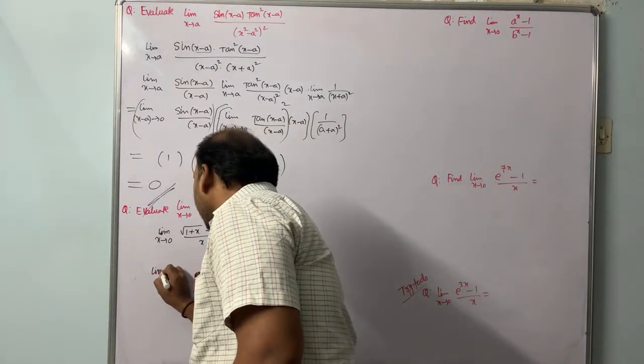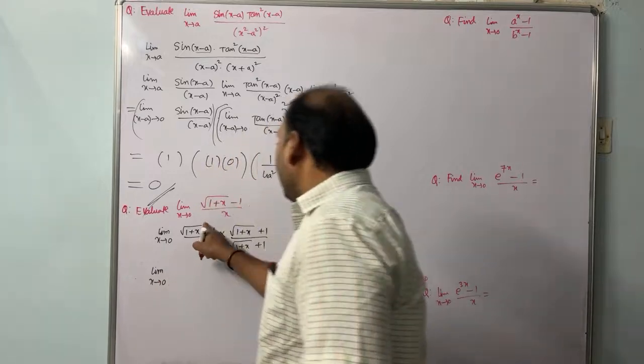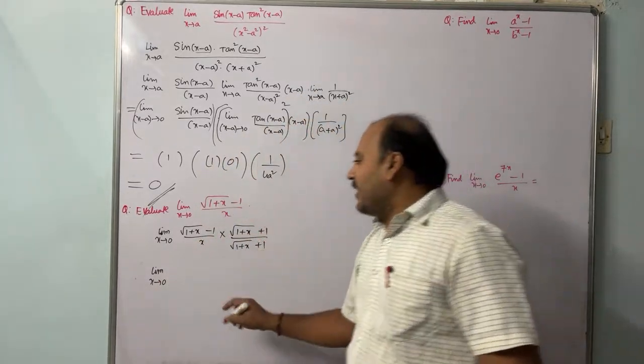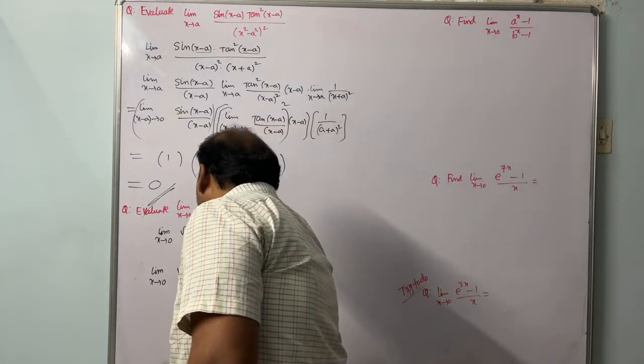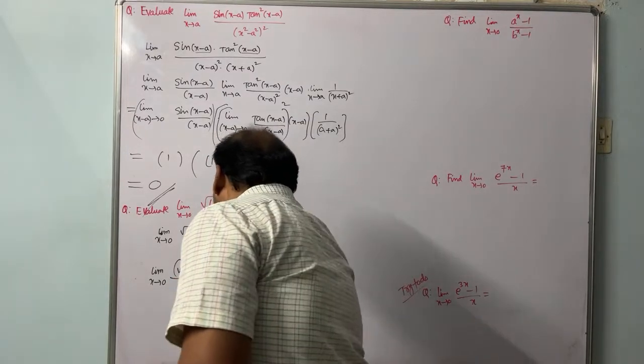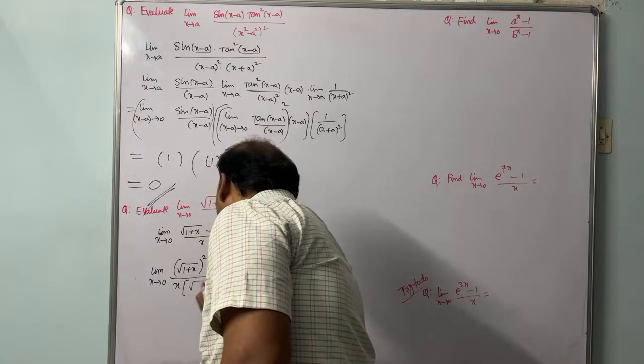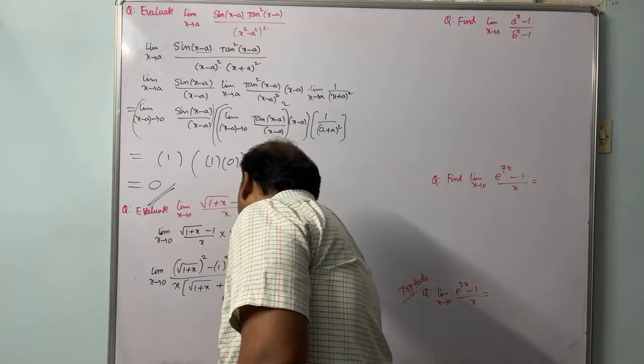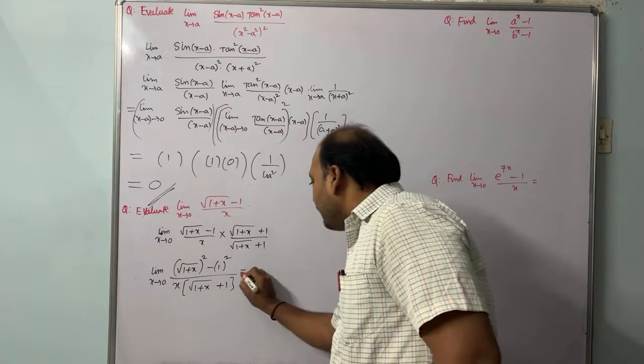Limit x tends to 0, (a minus b) into (a plus b) is a square minus b square. So (root 1 plus x) whole square minus 1 square by x into (root 1 plus x plus 1). Now we need to simplify.